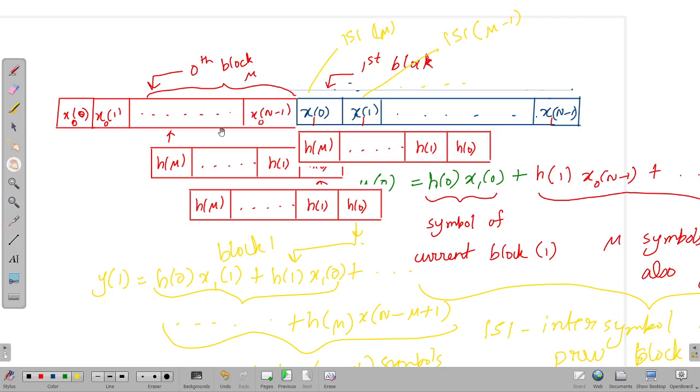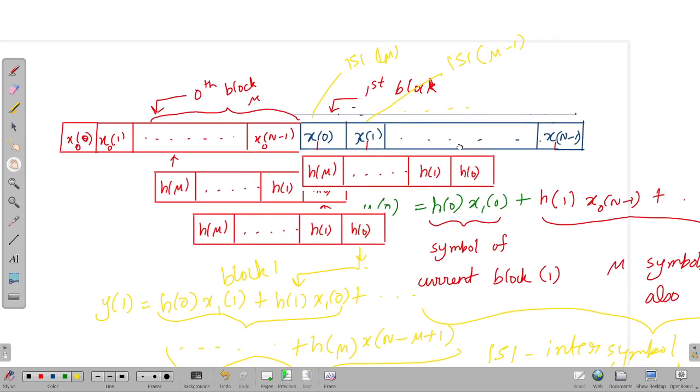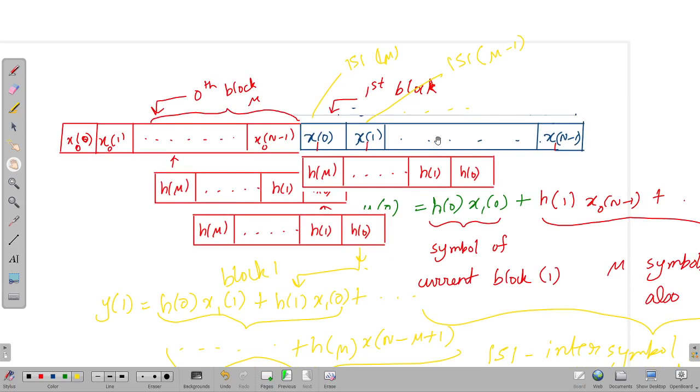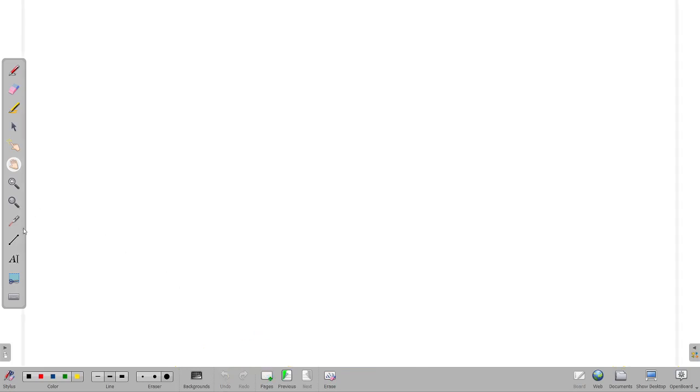You transmit the zeroth block, and after a gap of mu time instances, that is the time required for the impulse response of the previous symbol to die out, you don't do any transmission, and then you transmit the first block. That is one of the straightforward ideas that comes to the mind.